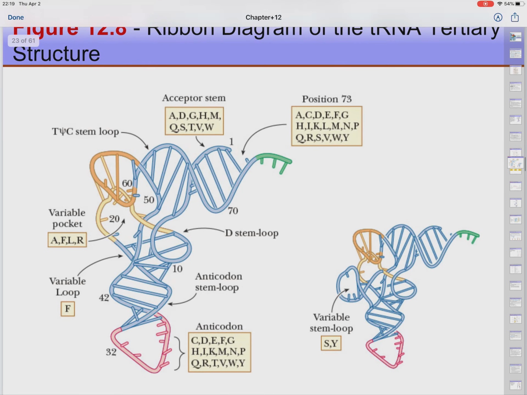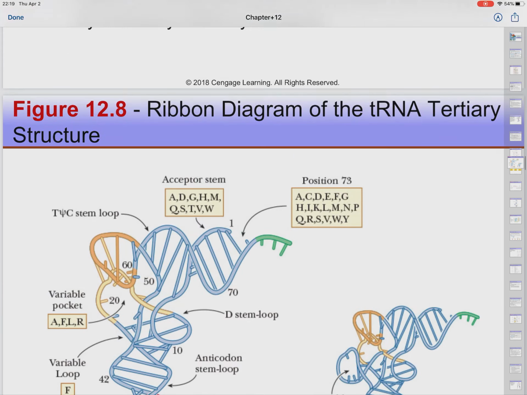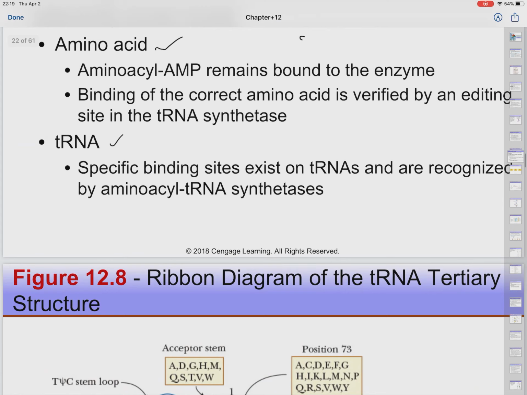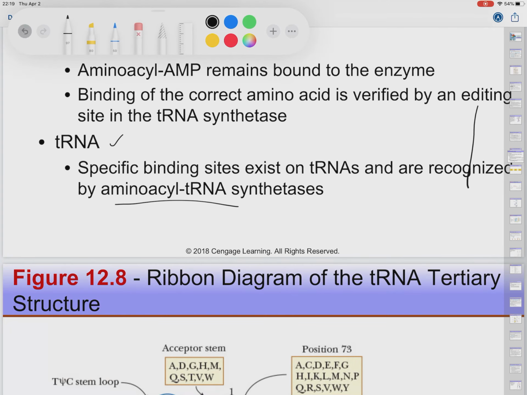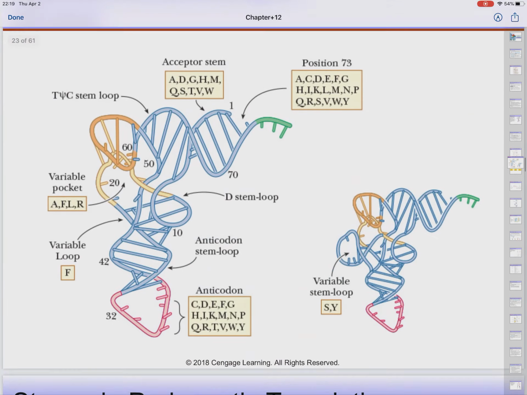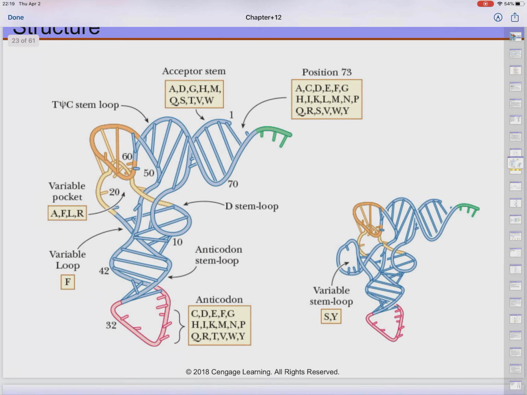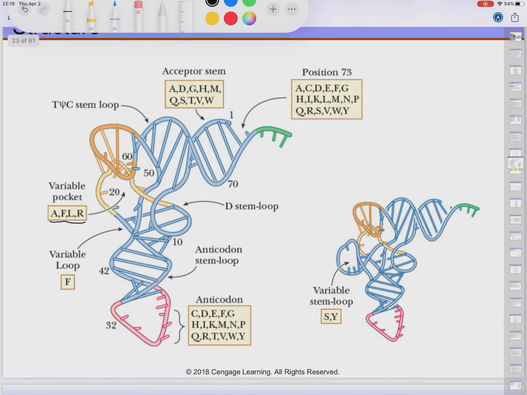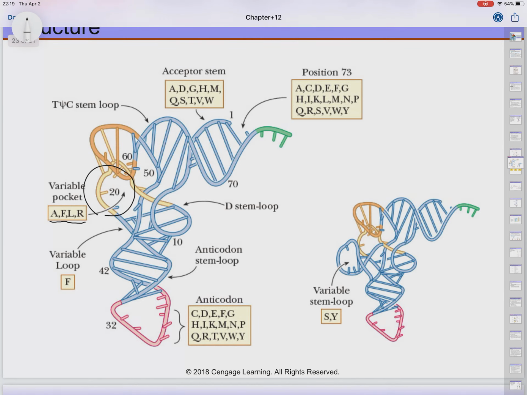What we're looking at here are the specific binding sites on the tRNA that the synthetase enzyme recognizes. You can see that for these amino acids, it recognizes this variable pocket. For these amino acids, it's the acceptor stem.